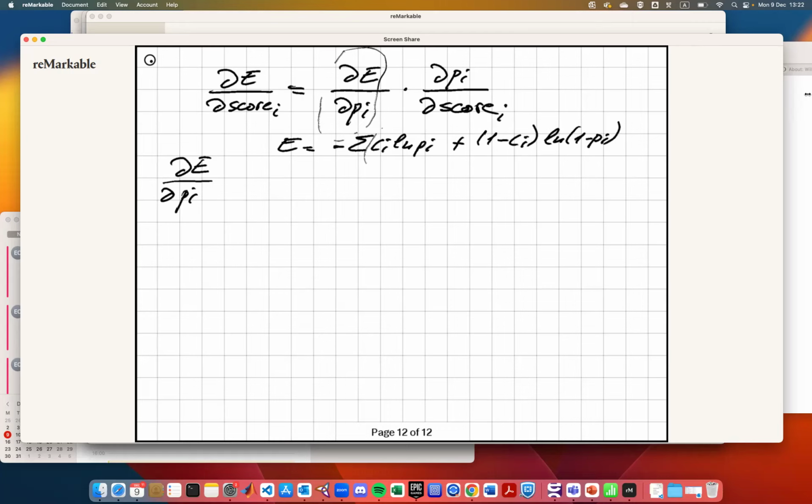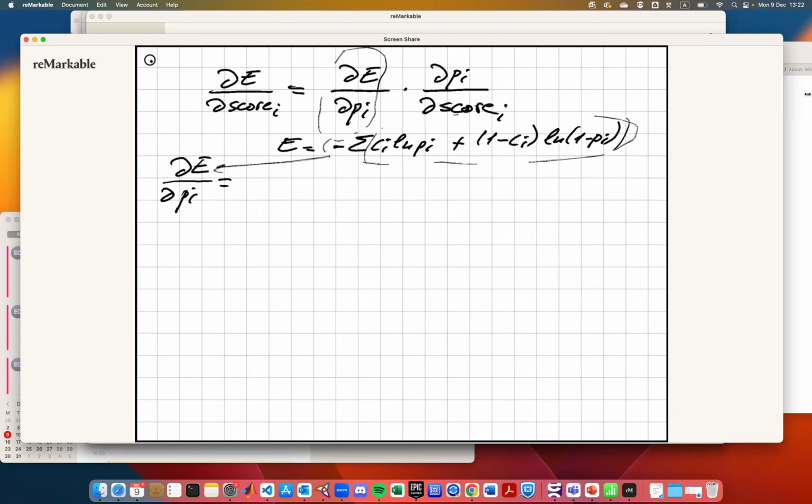So this is the whole thing. Now, taking the derivative of this thing, what do we get?